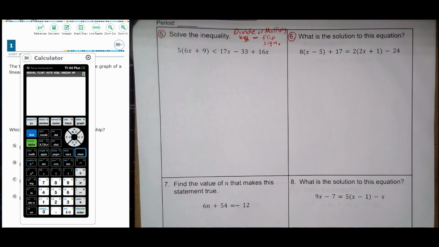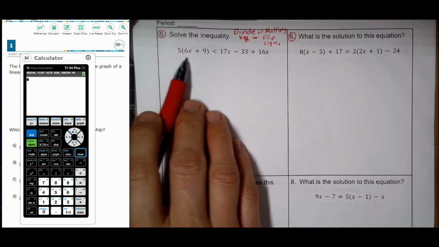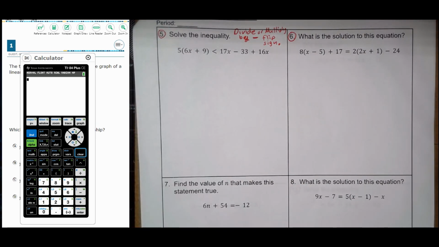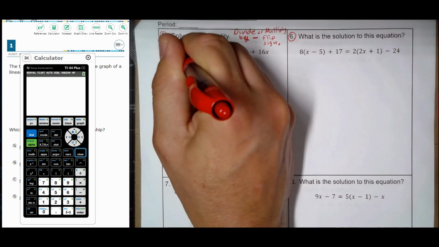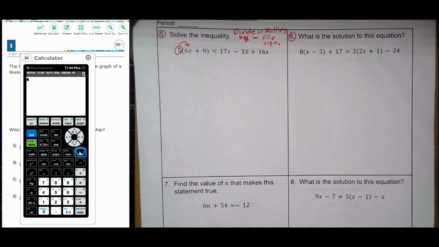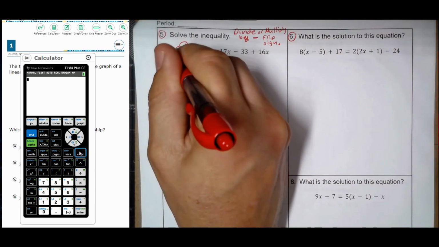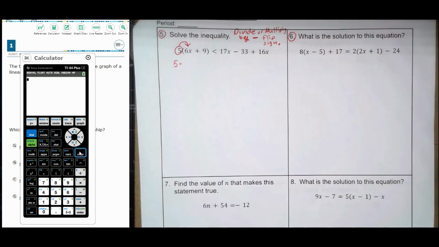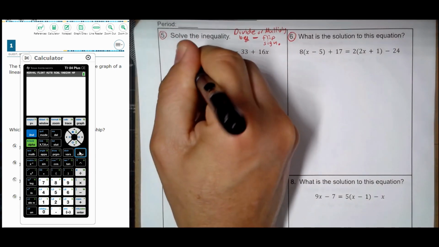So I'm going to start out the same way as always. I see that I have some parentheses here, and I want to take care of that distributive property. So we're going to take our 5 and distribute it to what is inside the parentheses. So this is actually going to be 5 times 6x.